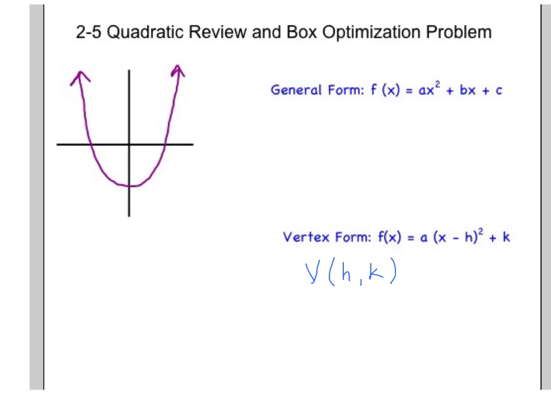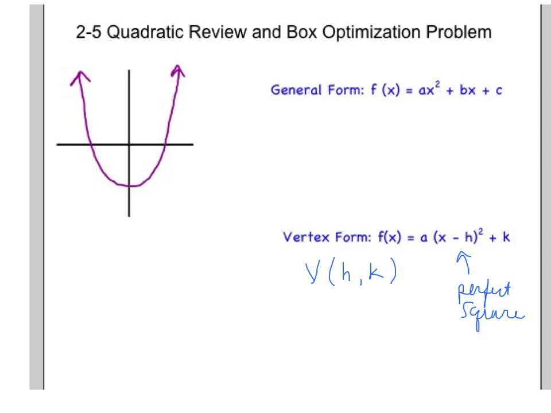And you can see that this right here is a perfect square. So if you were asked to find the vertex in vertex form, it'd be pretty easy to find.